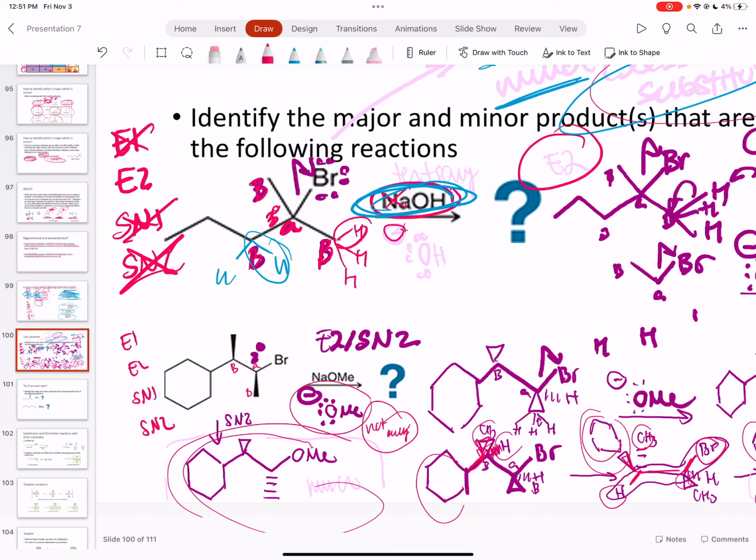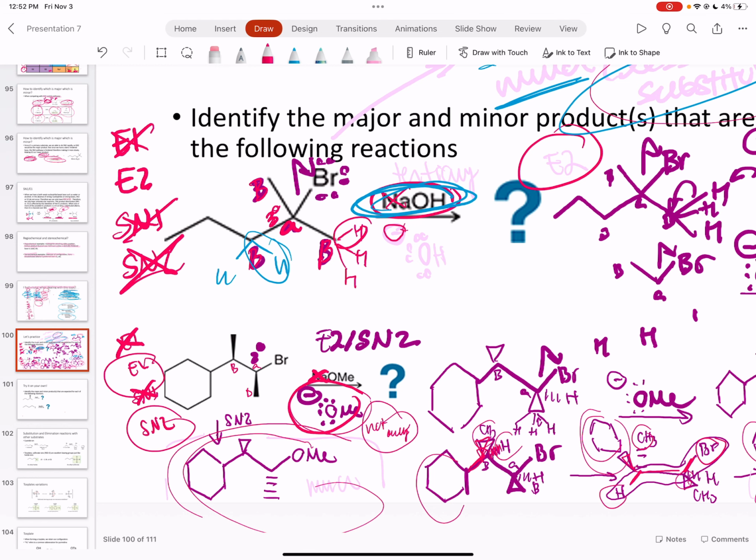Okay, so then in here we have a Na spectator. It gives rise to the OCH3 negative. So then we have a negative. That means we're going to do SN2 or E2. We have a secondary, so that means that we're possibly able to do E2 and SN2.